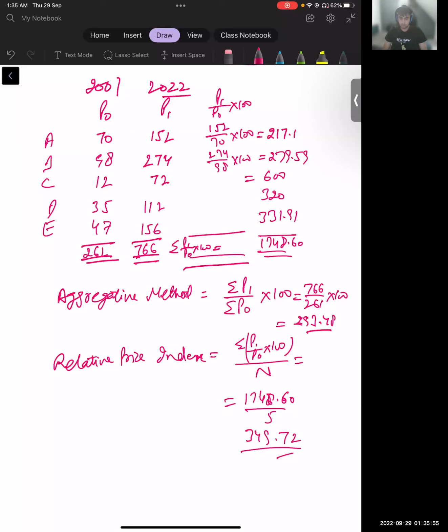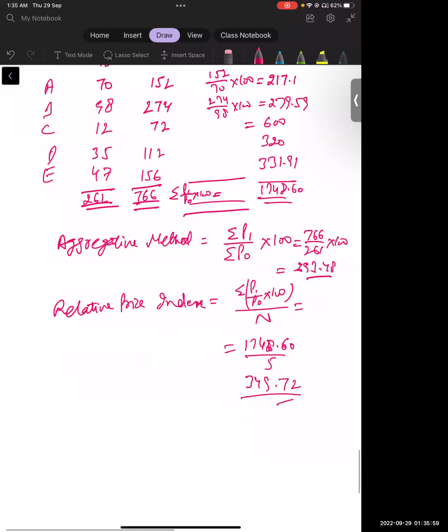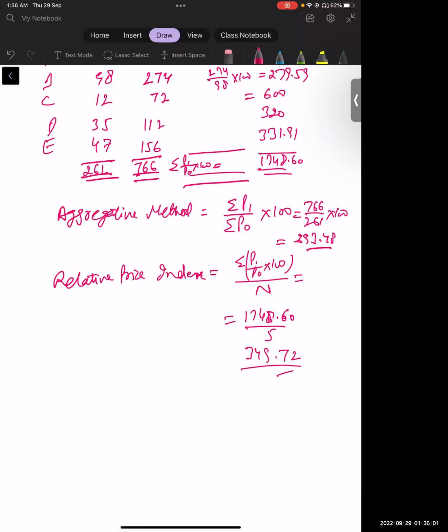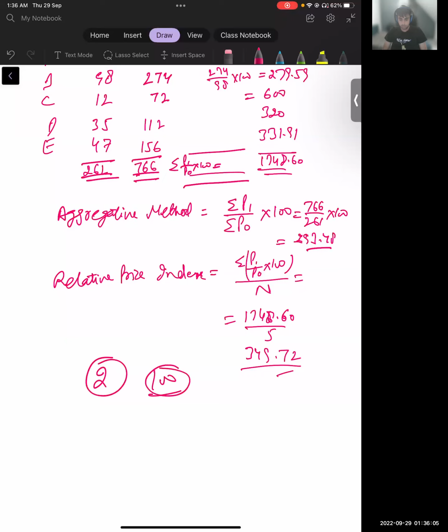If the price was earlier rupees 2, suppose now it has become rupees 100. Is it going to make much difference in your life? No, not at all, because you're not buying it.